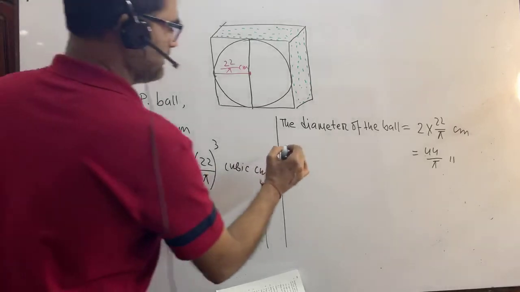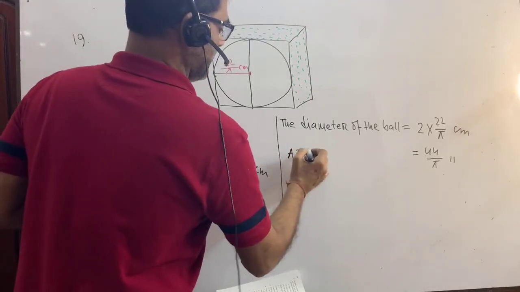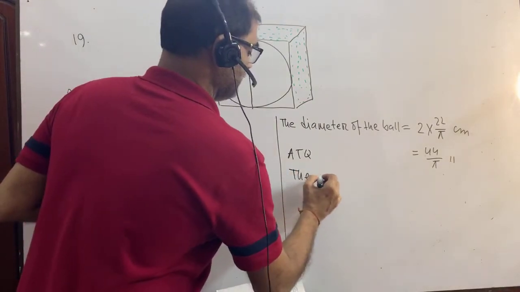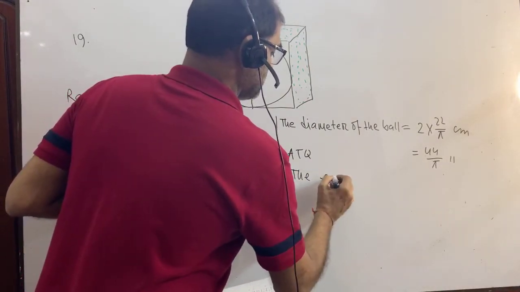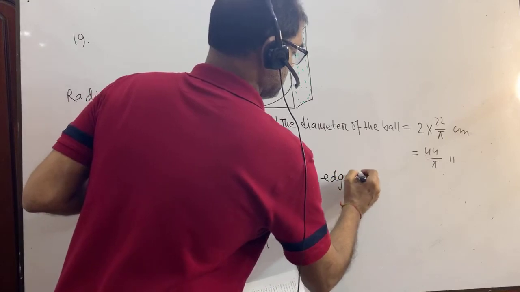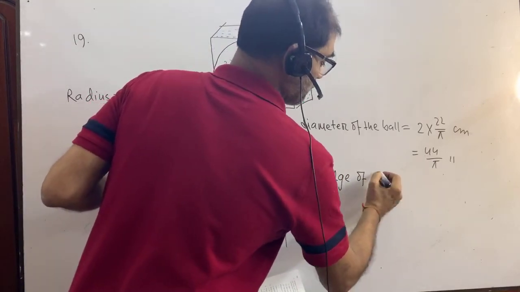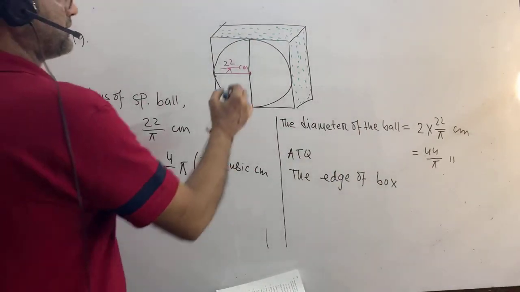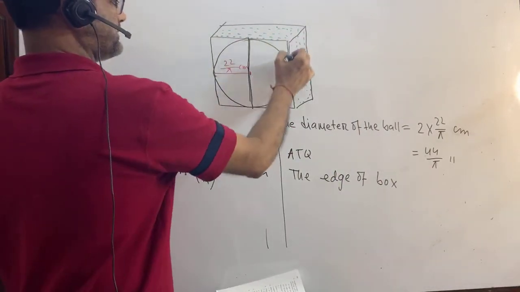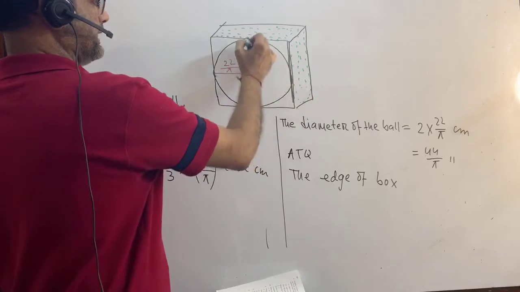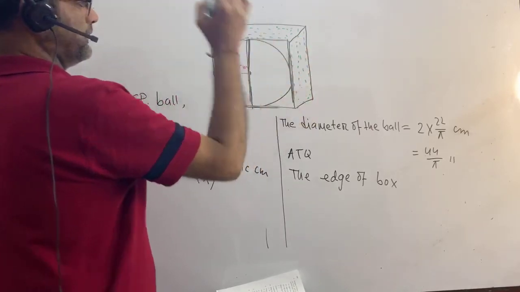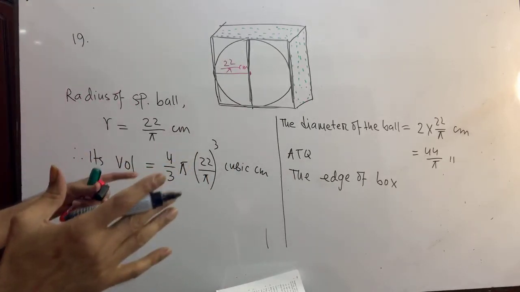According to the question, the edge of the cubical box, I have written only box. The cubical box, that means this and this are equal in length, right? All are equal here. Okay, as it fits exactly.